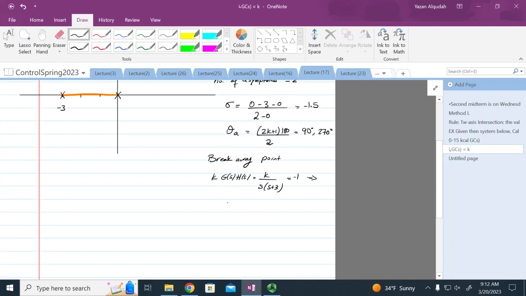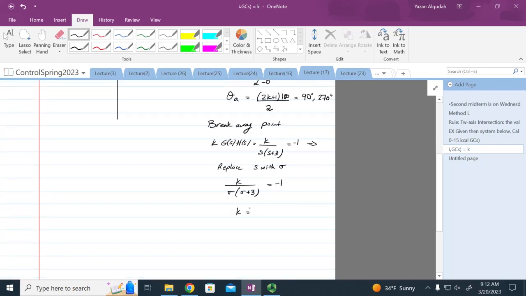Therefore, I can also, if I choose to, replace s with sigma. So I have k divided by sigma multiplied by (sigma plus 3) equal to negative 1.